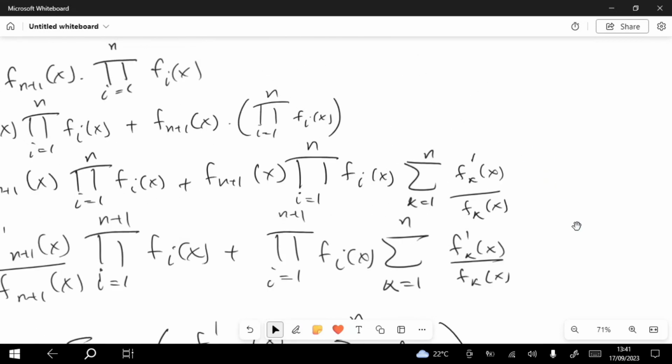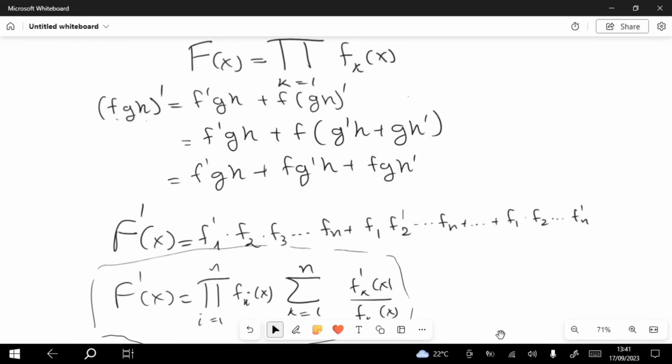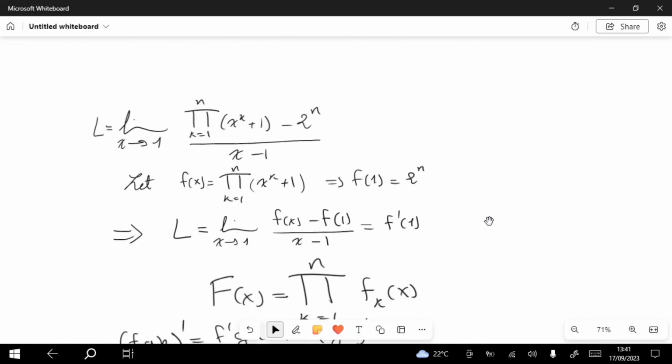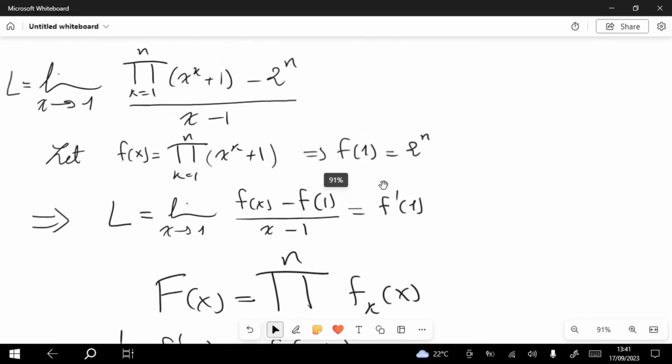Cool. Now we can do the limit, I guess, that we were dealing with above, which was the original problem.